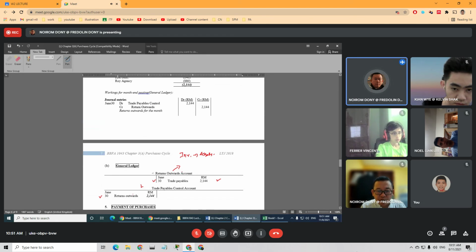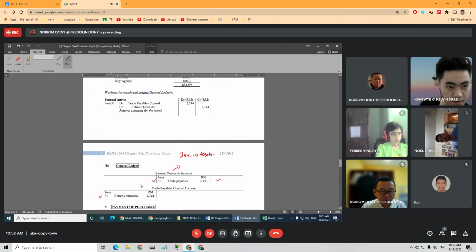And then in the return outward account, the particular will be trade payable, showing the name of the account that is being credited. So the credit is always on the right, and debit always on the left. Is that what you're telling me? Yes. That is fixed already. That is the format.